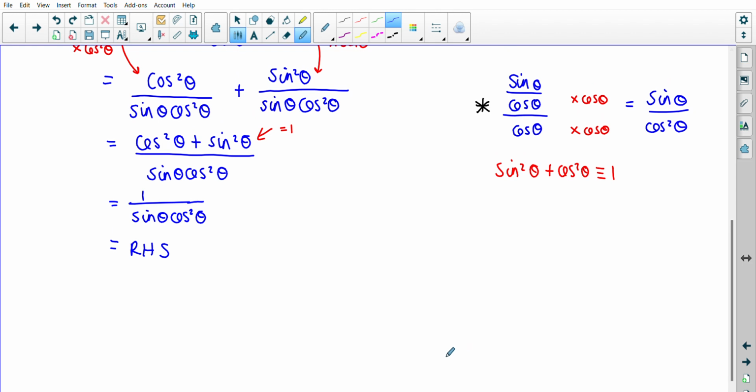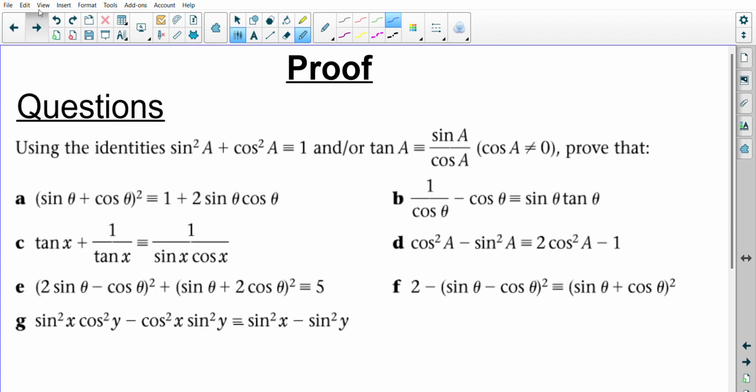Alright, some of those got very difficult. Proof is hard, it does take practice, lots and lots of practice. So these questions are in your lesson booklet. Please have a go at them. If you're wanting any help or to check answers, these have actually come from the textbook.